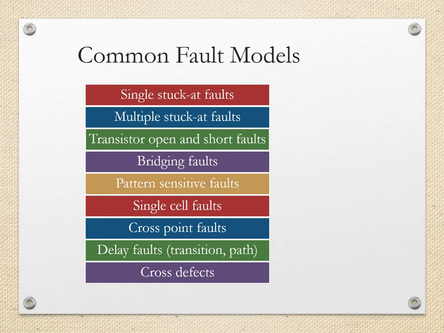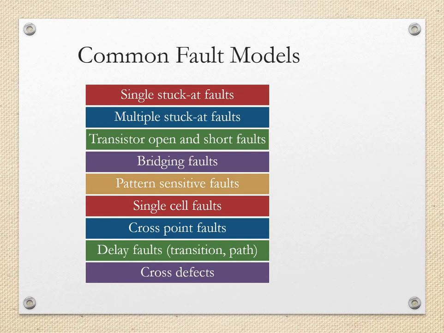Stuck at fault is nothing but a particular input or particular output getting permanently stuck at some value, like a logic 0 value or a logic 1 value. So irrespective of the functionality or the inputs and outputs given to the chip, a particular point is stuck permanently at either VDD or VSS. So that is called a single stuck at fault.